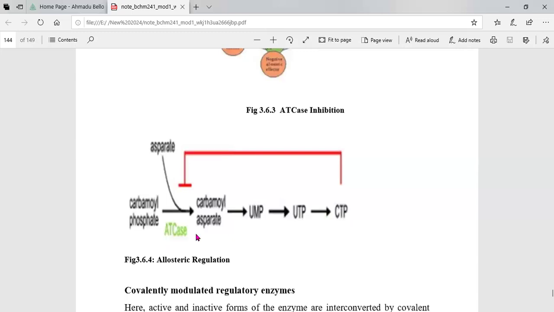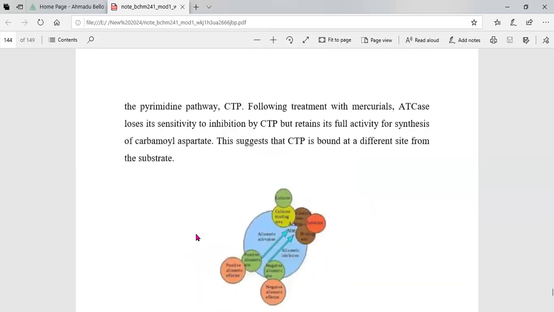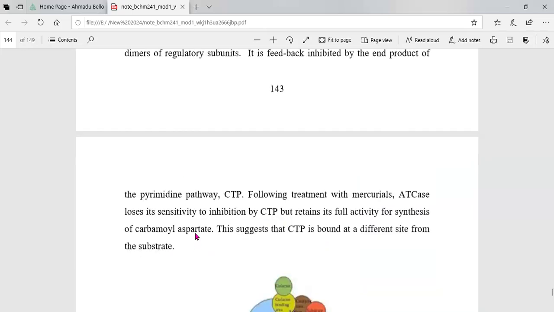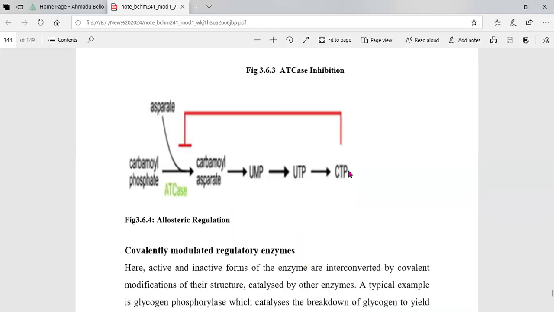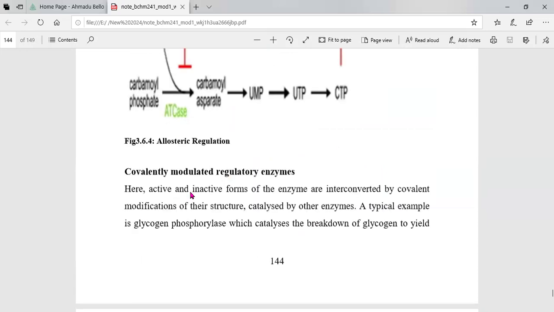If you look at this, the end product CTP, if it is produced in ample supply that the cell does not require it, comes and inhibits this first step of the reaction. So this is end product inhibition.